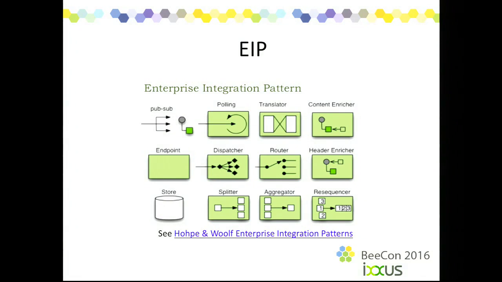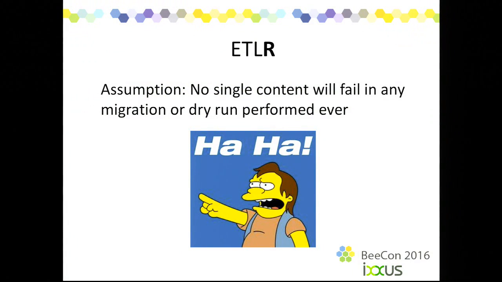Yeah, so this is the ETL concept, but now let's bring some more capabilities to the migration infrastructure architecture that we are setting up. This is a typical assumption that we normally make when we tackle migrations: that either in the dry runs or in the actual migration rollout, content is not going to fail, right?